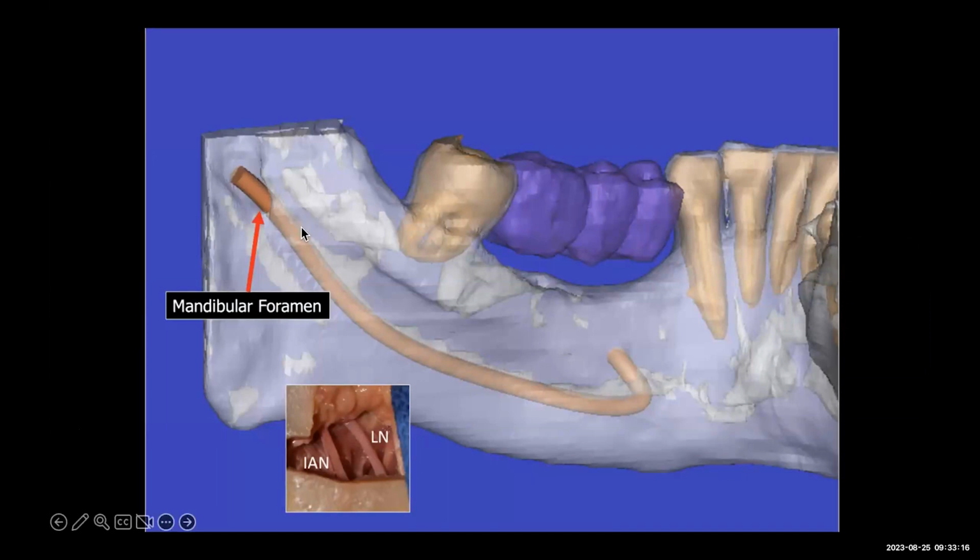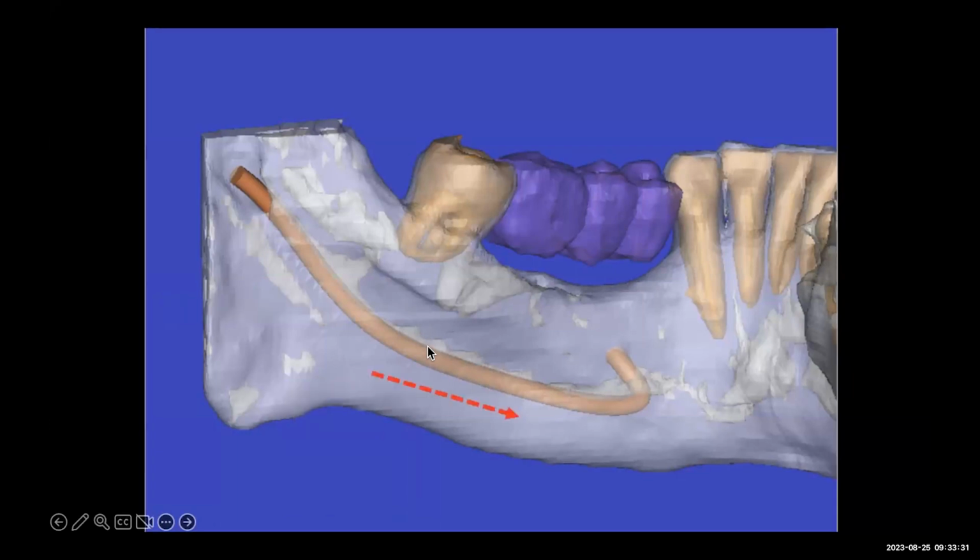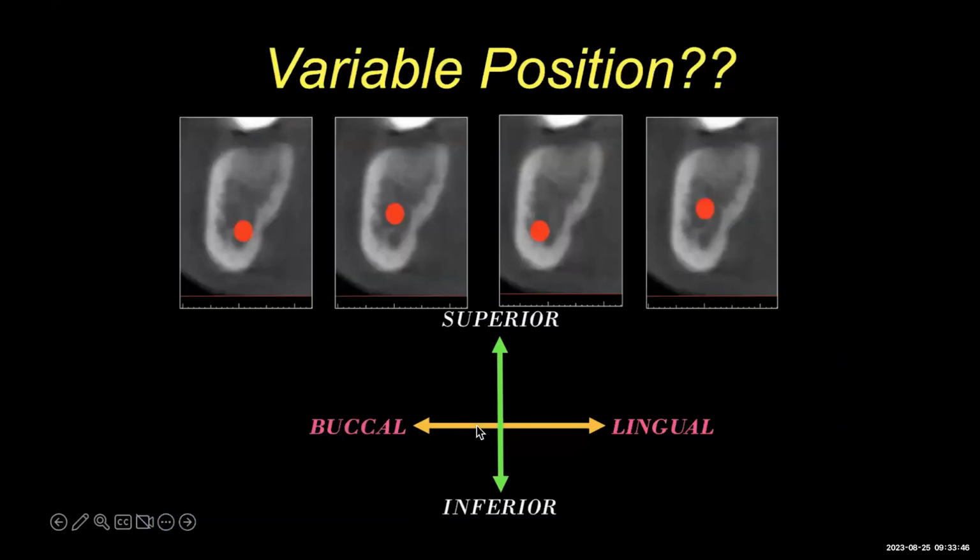And as it courses anteriorly, a lot of people believe it is halfway between the cortical plates vertically, and then it's in the center buccolingually. However, that's not true. As it comes forward, it's extremely variable where this nerve is. As I just showed you vertically, it could be right by the apices. It could be right here, which is type 2, or inferiorly is a type 3.